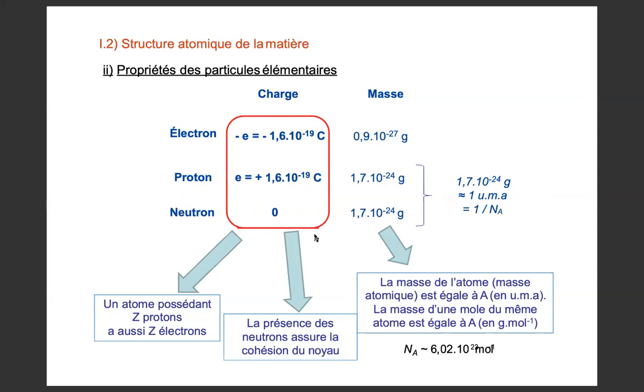It's the same now, but those charges we're showing are just unit charges. The actual charge that the electron has is -1.6 times 10 to the power -19 coulombs, and that of the proton is +1.6 times 10 to the power -19 coulombs.